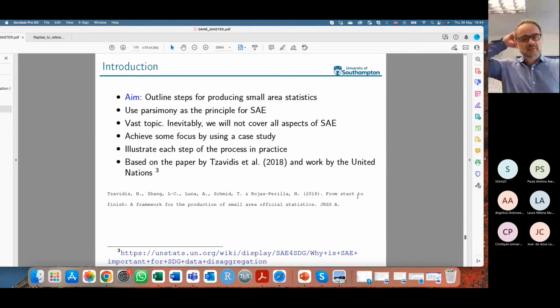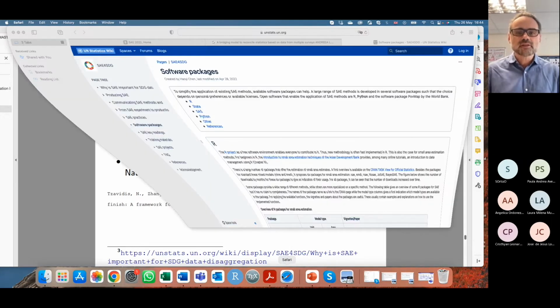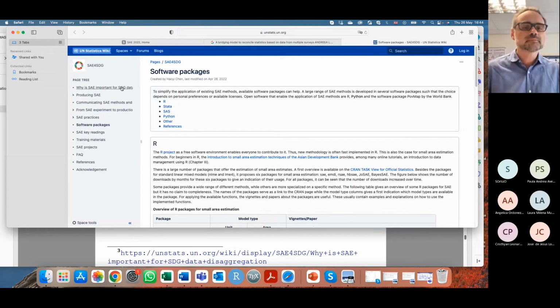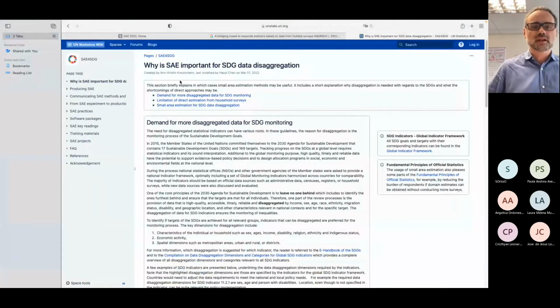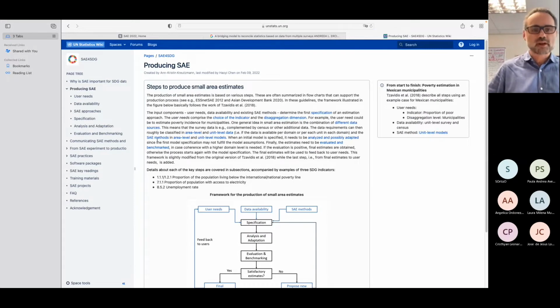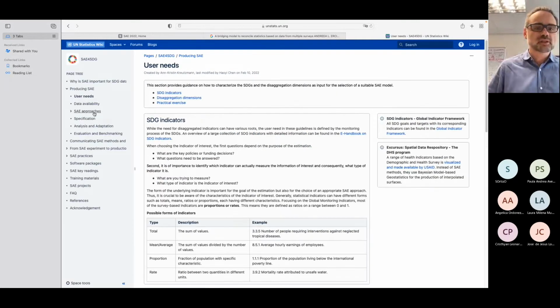The other thing I want to say is that part of the session also will be based on a very nice website that the United Nations team have prepared. I'll try to find this here. You will see the link that will take you to the United Nations page. I hope that you can view that. On the left-hand side you can see the various tabs where you can go and talk about producing small area estimates, and you will see that there is a framework here talking about user needs and data availability.